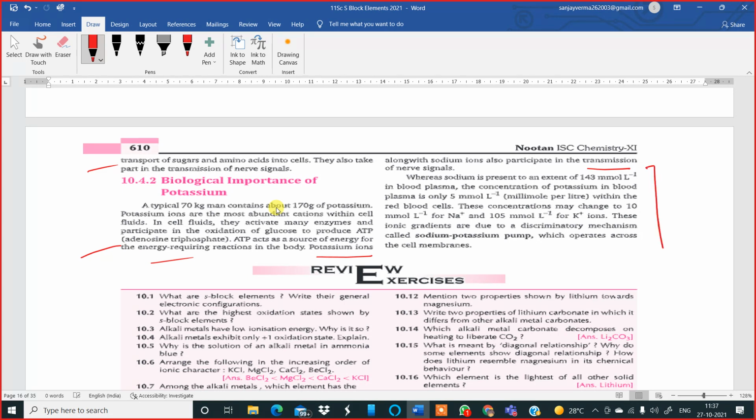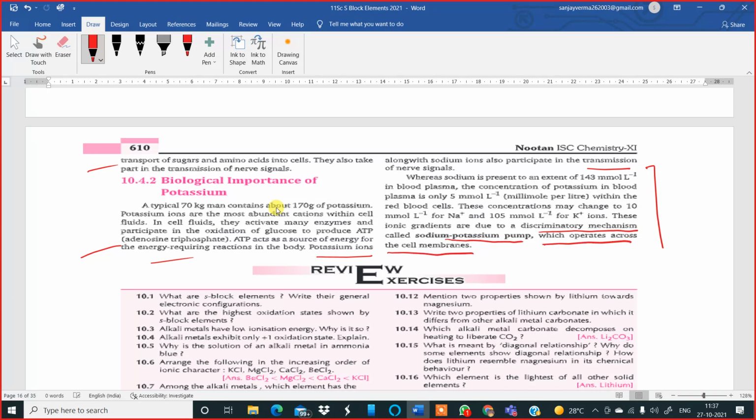Now, whereas sodium is present to an extent of 143 millimoles per liter in blood plasma, the concentration of potassium in blood is only about 5 millimoles per liter. Within the red blood cells, this concentration may change to 10 millimoles per liter for sodium and 105 millimoles per liter for potassium. And these ionic gradients are due to the discriminatory mechanism called the sodium potassium pump, which operates across the cell membrane.